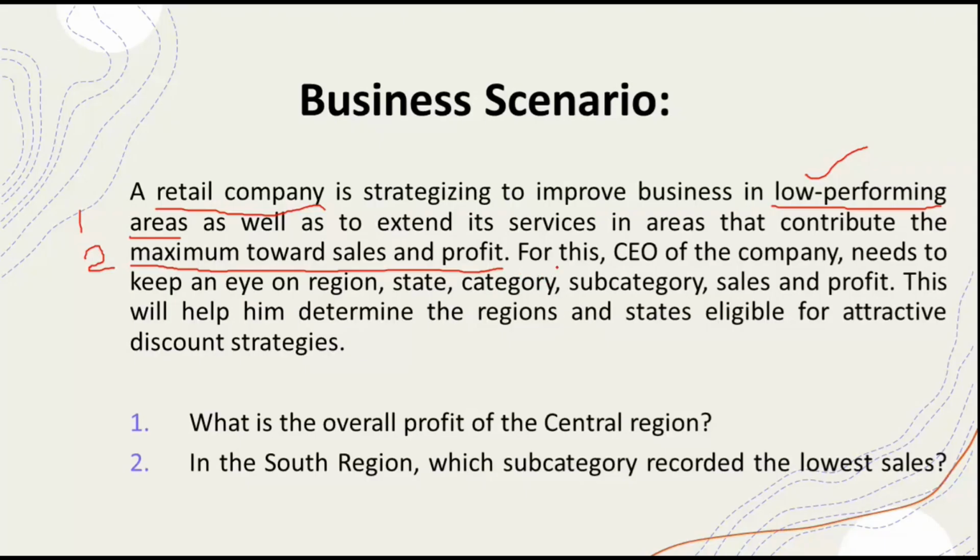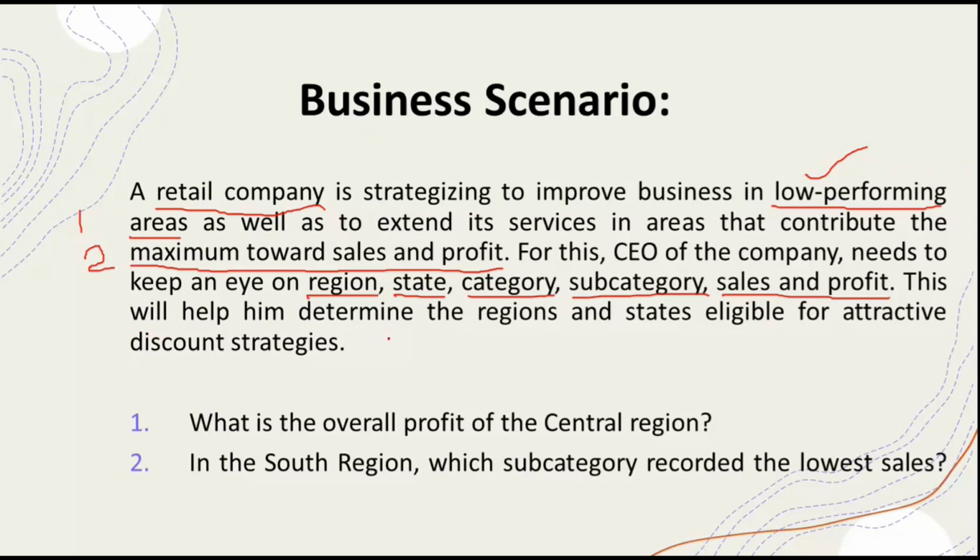For this, what is the company's requirement? The CEO of the company needs to keep an eye on region. What are the areas that we have to analyze regarding the sales and profit? That is, as per the region, the state, the category and the subcategories, as well as sales and profit values also.